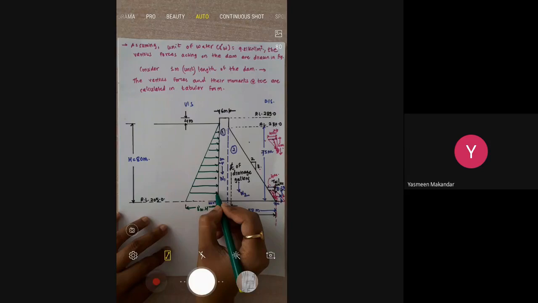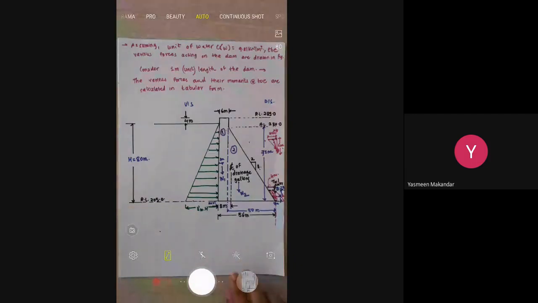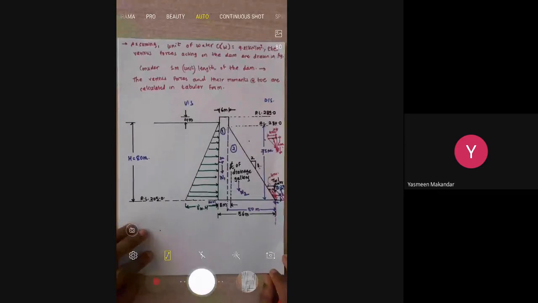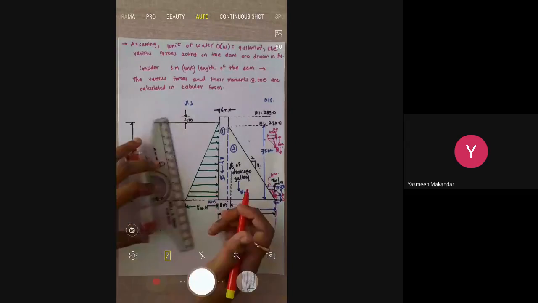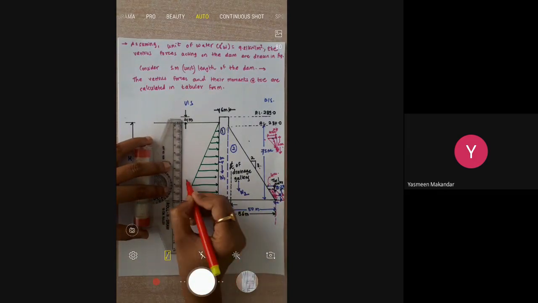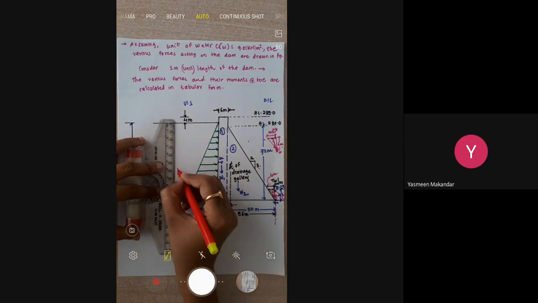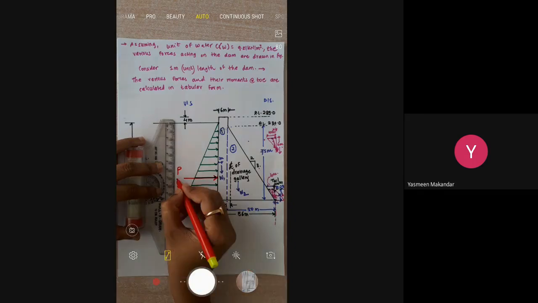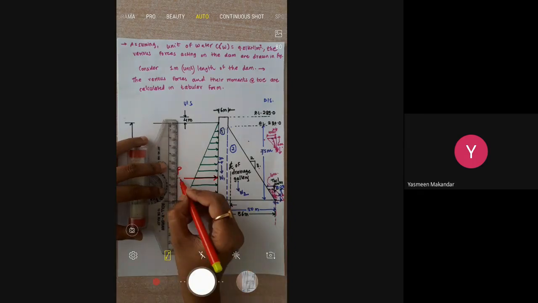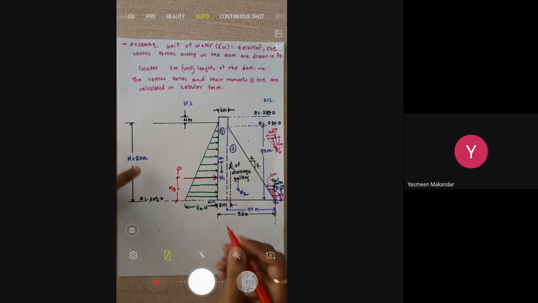Now if we convert this pressure to a force, this force will be acting at a distance h by 3 from the base. So I will draw it over here. This will be capital P, the hydrostatic force acting at a distance h by 3 from the base, that is 80 by 3.